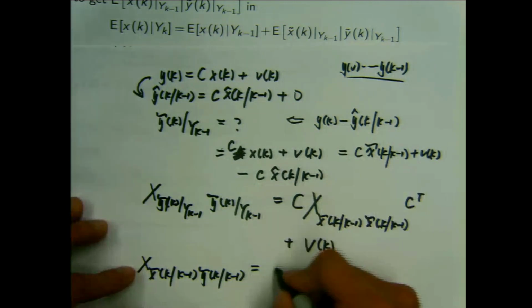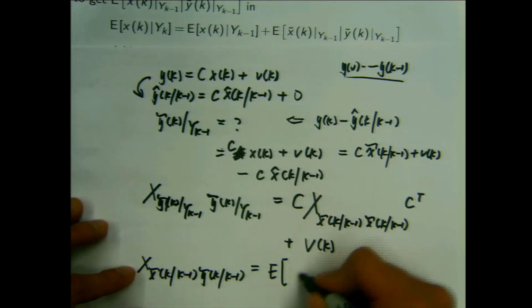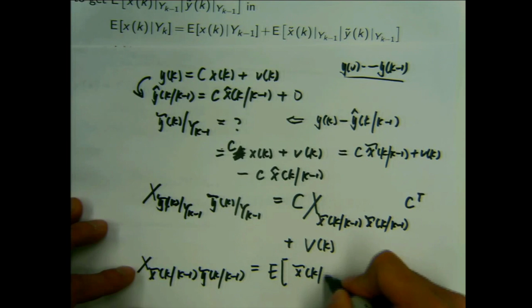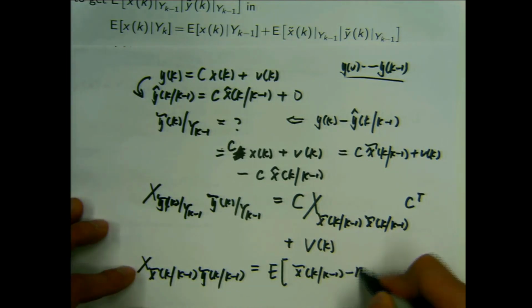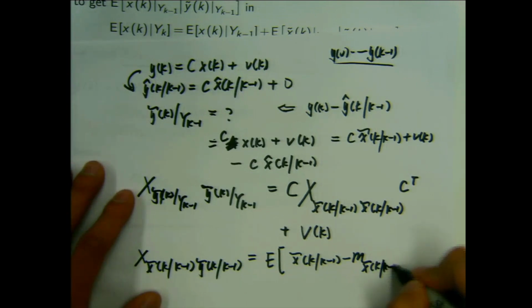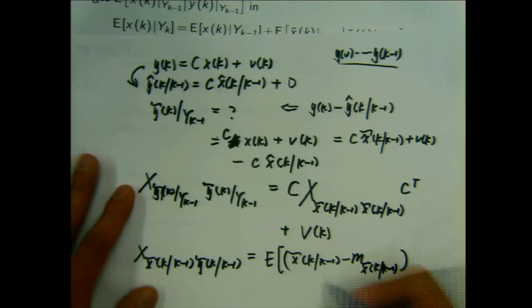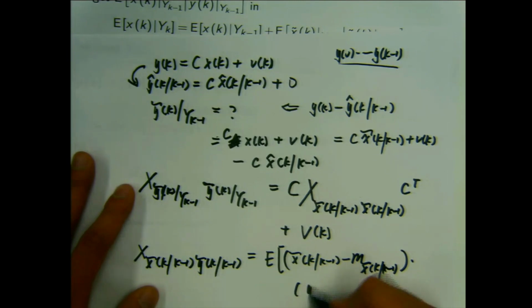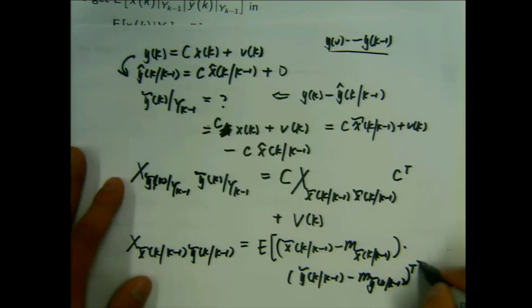Let us do one more step. Write down the definition a little bit: x k minus 1 minus the mean of x k minus 1, times y transpose k minus 1 minus the mean of itself, transposed.